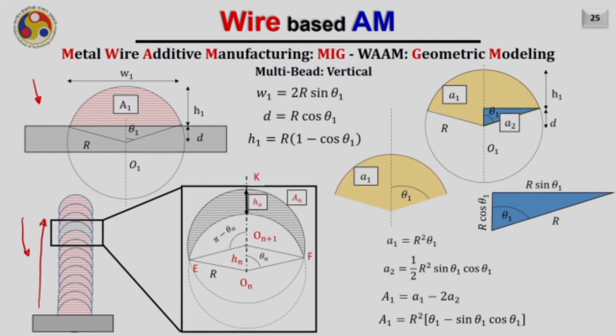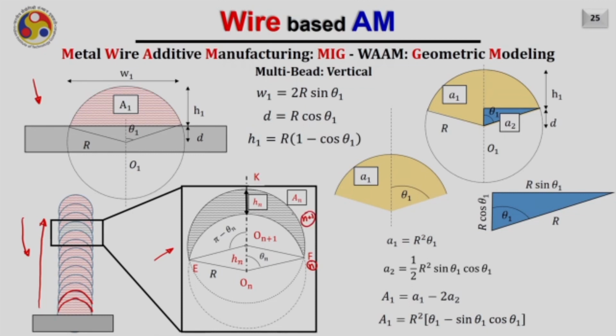The beads after the first layer are going to be on top of a curved surface, not on the flat surface. So you can see that the bead base is now the curved surface. This diagram shows the proper overlap of the two beads. This is the n plus 1th bead and this is the nth bead.